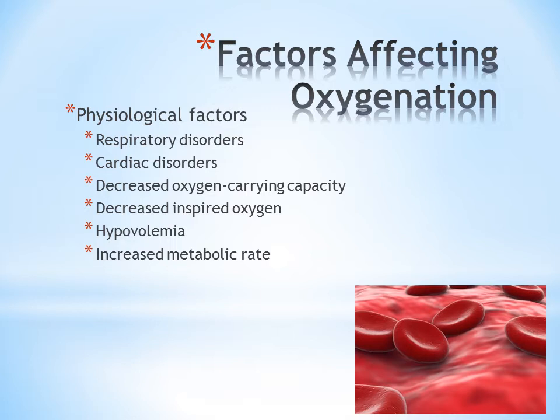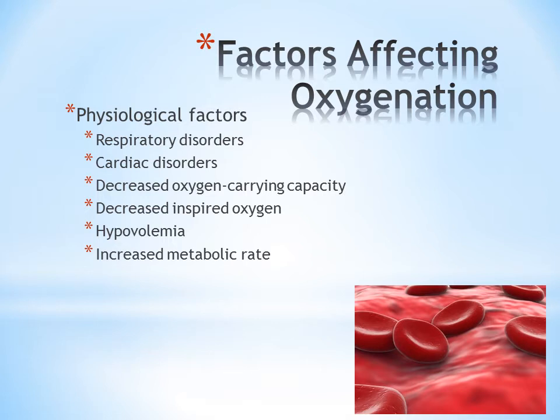Physiological factors that affect oxygenation include respiratory disorders. There are 4 basic factors that influence circulation, perfusion, and transport of respiratory gases to the tissues. They're physiological, developmental, lifestyle, and environmental.